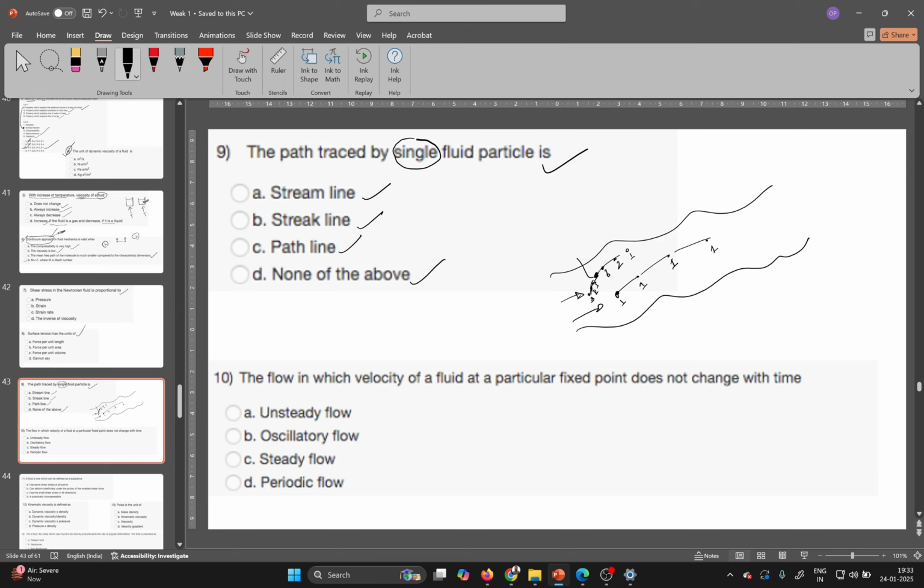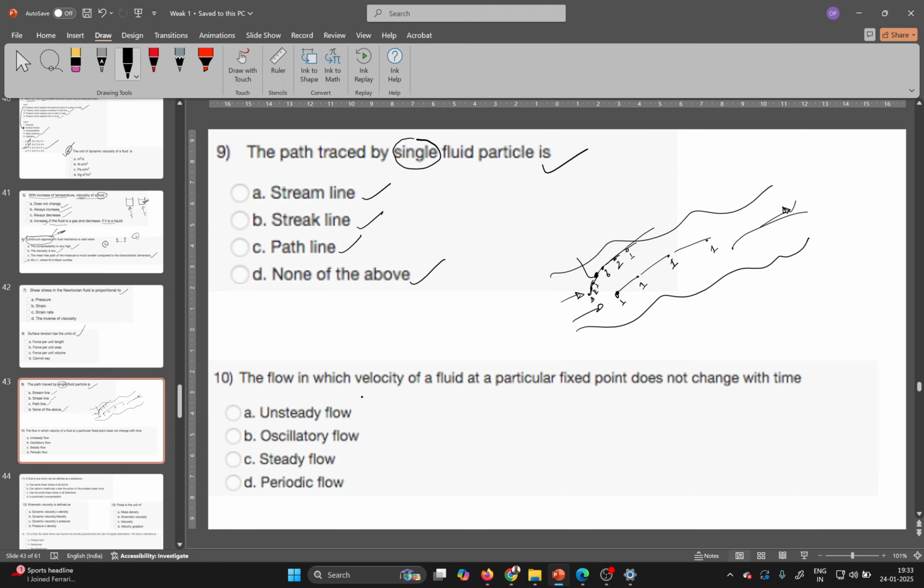So the locus of the particles passing from that location is known as the streak line. And what is a streamline? A streamline is a curve in the fluid domain where the tangent along that curve gives the direction of velocity. So this is the basic difference between streamline, streak line, and path line.